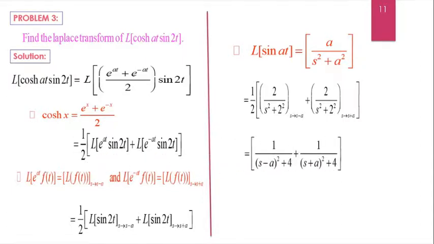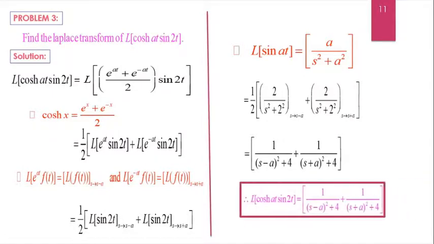Now we replace our s by s minus a in the first term and s by s plus a in the second term, and we get 1 divided by (s minus a) the whole square plus 4 plus 1 divided by (s plus a) the whole square plus 4. Hence we get the solution for Laplace of cosh at sin 2t to be 1 divided by (s minus a) the whole square plus 4 plus 1 divided by (s plus a) the whole square plus 4.